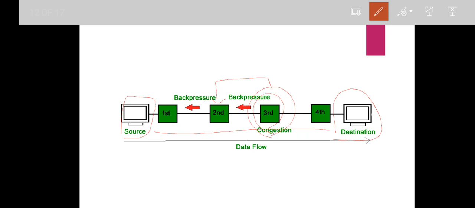It is unable to process the packets, there are too many packets to be processed. So the second router sends that same request to the first router, and the first router sends this request to the sender. So as you can see, the information is sent in a backward direction. So this is nothing but back pressure.